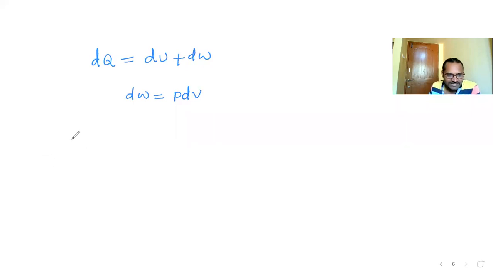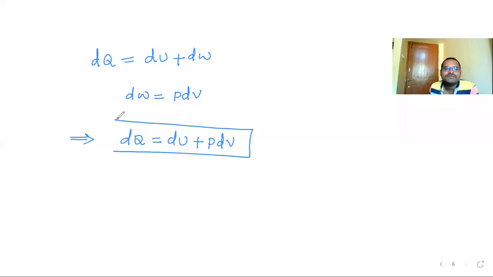See, the first law of thermodynamics says that dQ, heat energy supplied to the system, is equal to the sum of increase in internal energy of the system and work done by the system. Just now I have given one formula for work done by the system, that is dW is equal to PdV. So the first law of thermodynamics becomes dQ = dU + PdV.